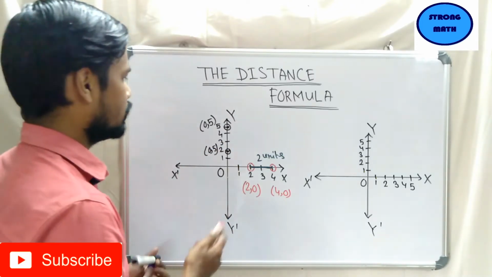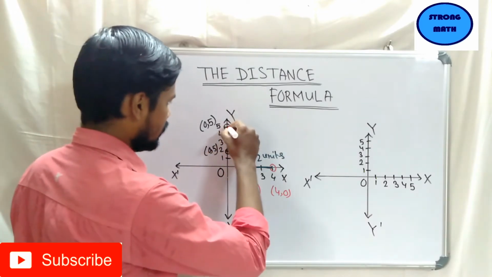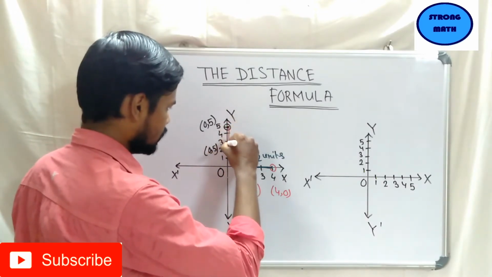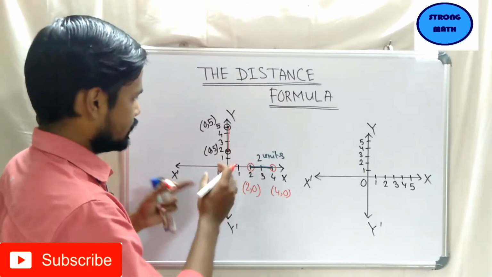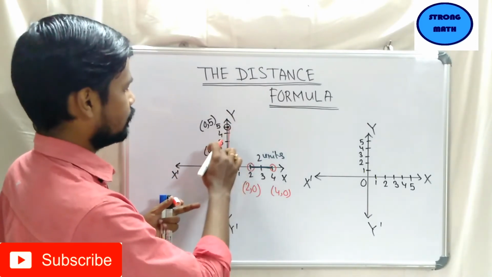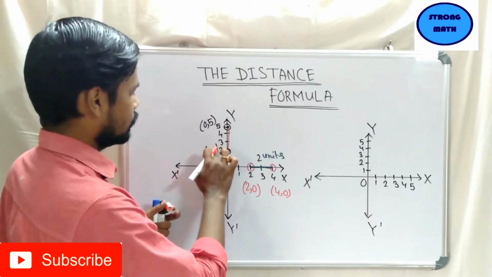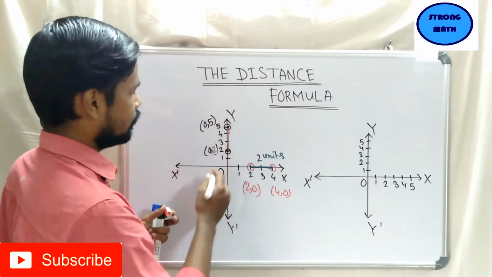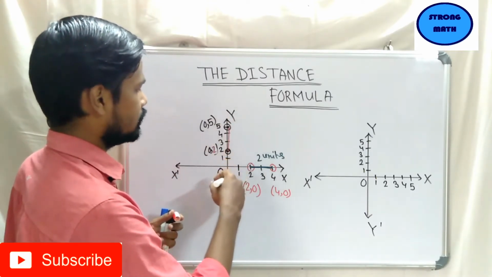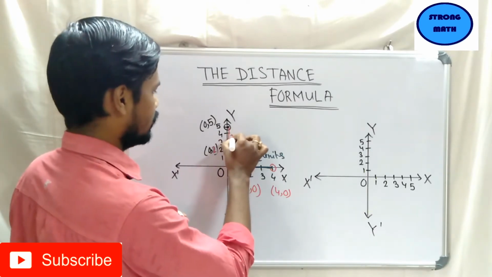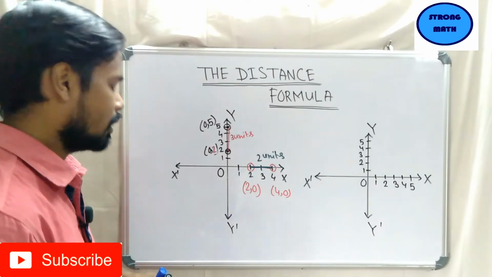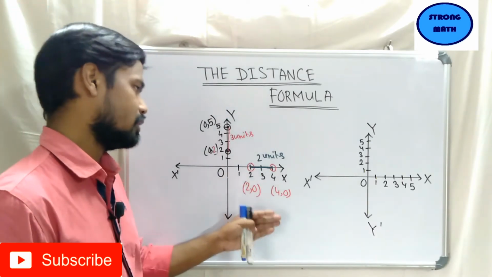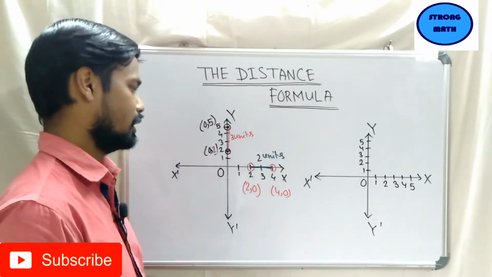The distance between these 2 points is nothing but the distance between the ordinates of the points, 5 and 2. Then the distance between these 2 points is nothing but 3 units.